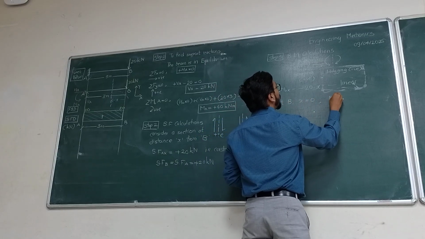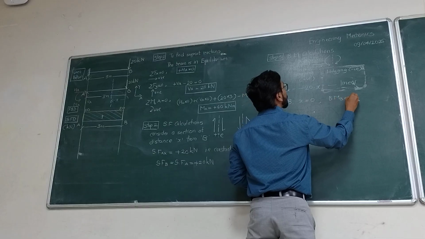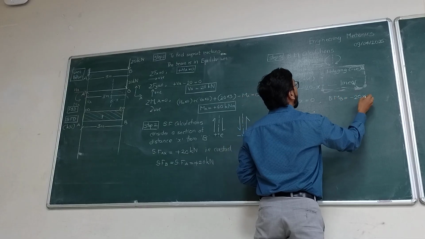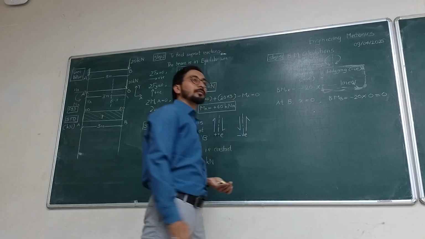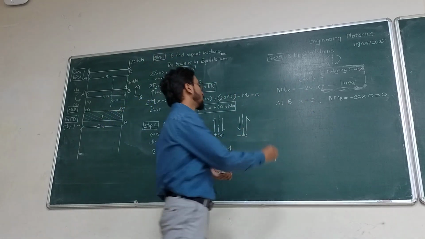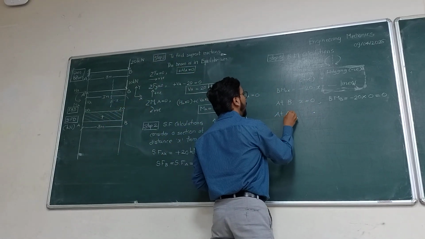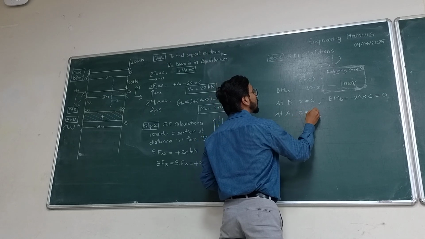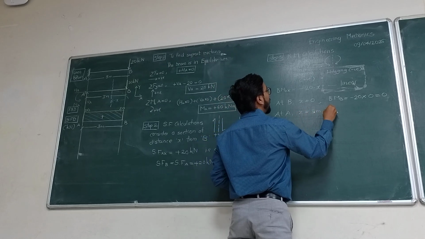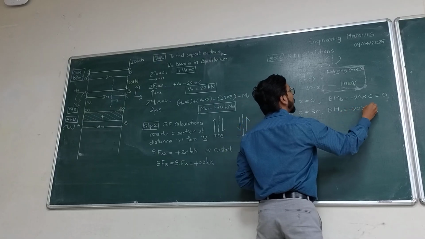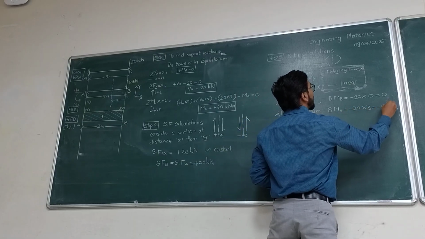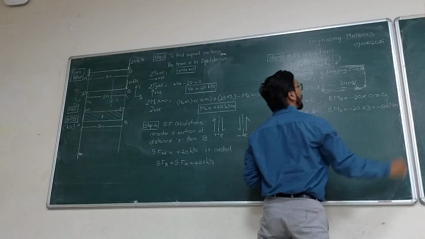Therefore, bending moment at B is equal to minus 20 multiplied by 0, that is 0. Correct. At A, x is equal to 3 meters. So bending moment at A is equal to minus 20 multiplied by 3, which is minus 60 kNm.